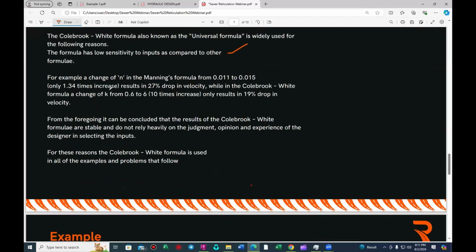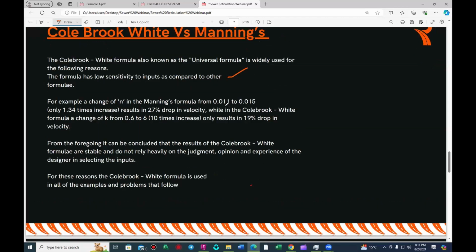For example, if I change n in the Manning's equation from 0.011 to 0.015, which is like 1.34 times, the decrease in velocity is 27%. While in the Colebrook-White formula, if I change k from 0.6 to 6, which is 10 times, it only results in a 19% drop in velocity. So you can see in terms of stability, my Colebrook-White is quite stable.